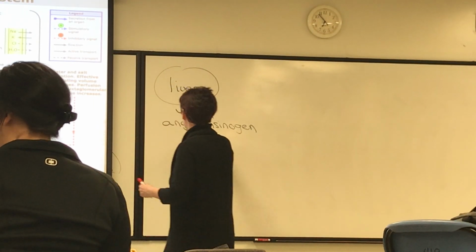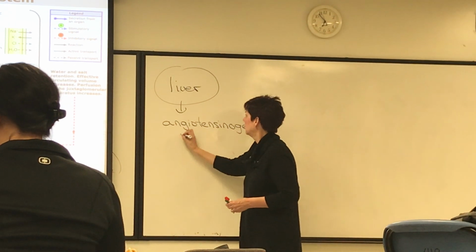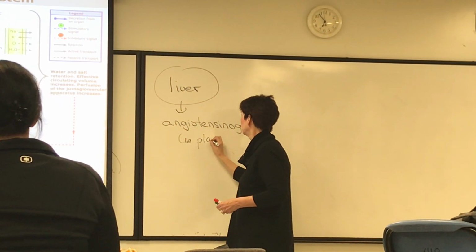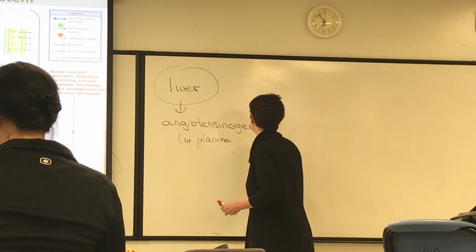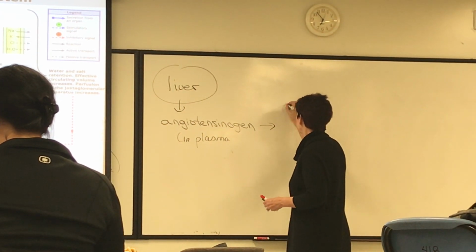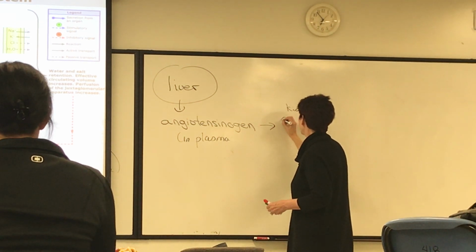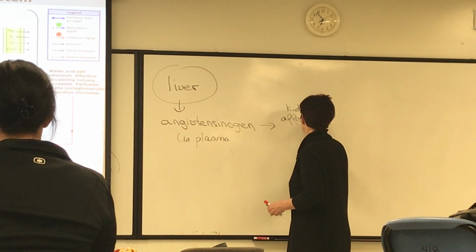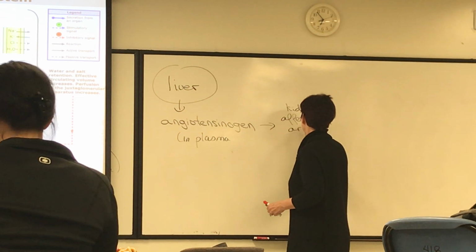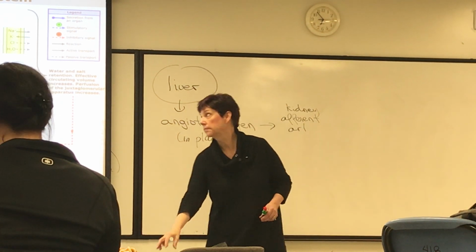All right, so this is in the blood. It gets to the kidney, afferent arterioles.